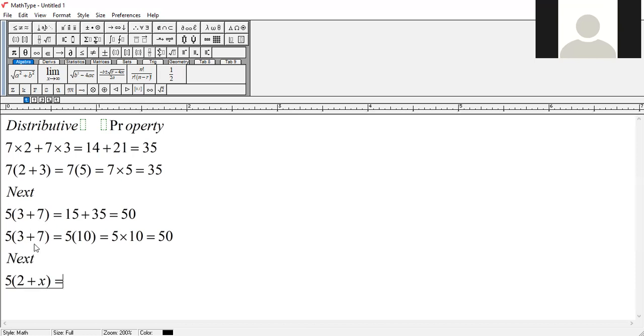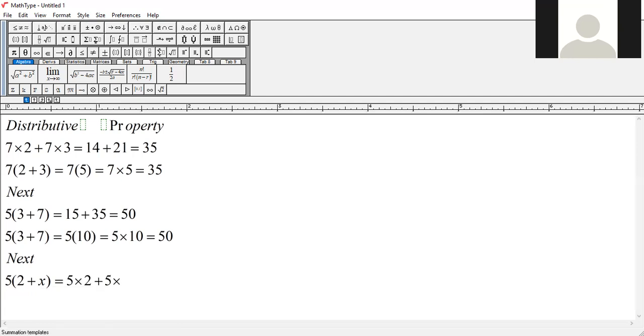So in this case, we will distribute 5 onto 2. In other words, we multiply 5 by 2. And when we multiply 5 by 2, what do we get? Well, before we even write what we get, we first have to distribute 5 onto x. So we are going to be having 5 times x.